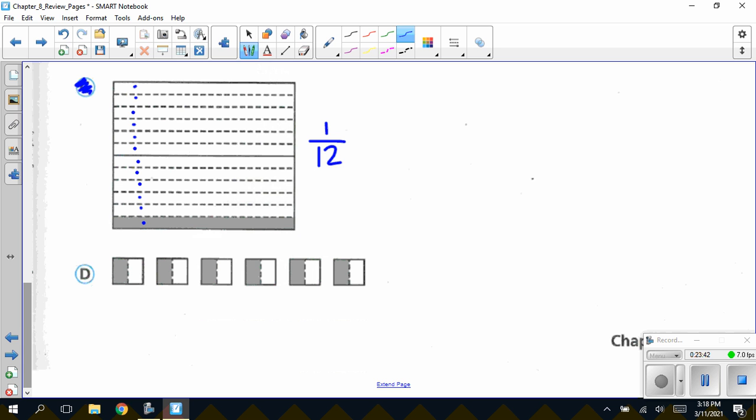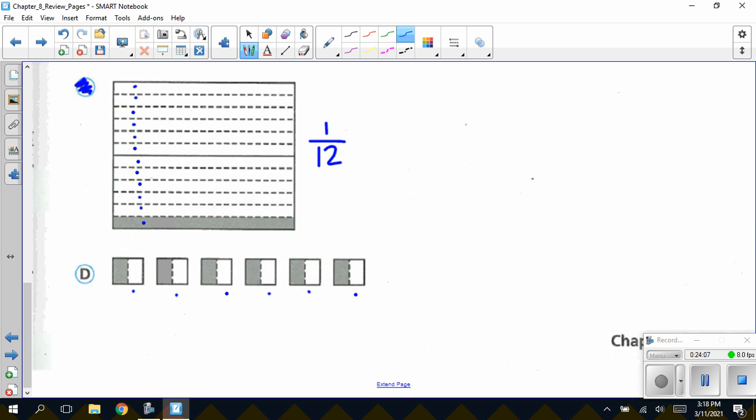Now for D, notice we do have 2, 4, 6, 8, 10, 12 sections, but we are also showing half of each of them being shaded in. So that's actually showing that we are shading in 6 out of 12 sections. So that is not modeling my 1/12 that my final answer says that I need to have.